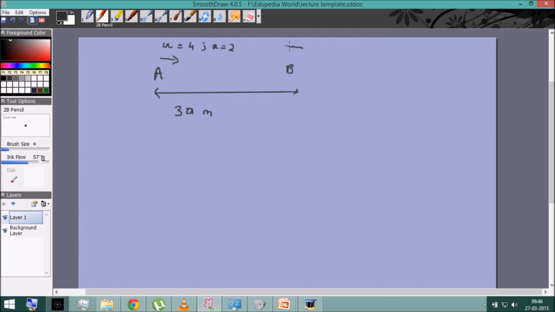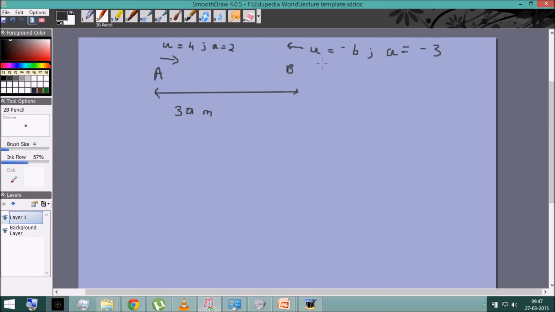B starts moving towards A at the same time with an initial velocity of minus 6 meters per second. I say minus because it's moving in the negative x direction, and an acceleration of minus 3 meters per second square. And we want to find out after how much time do they meet.